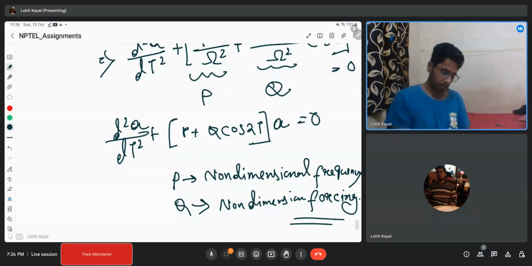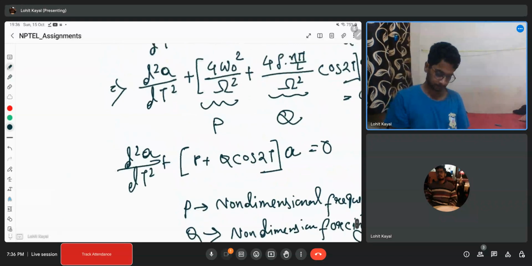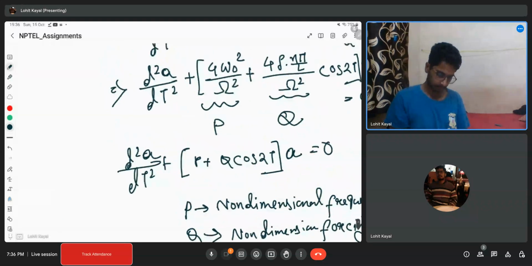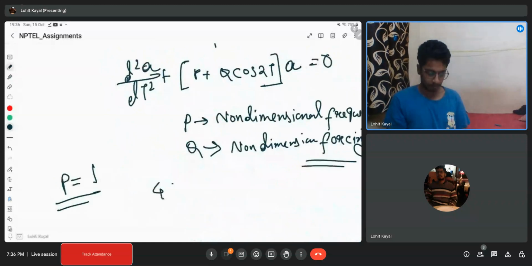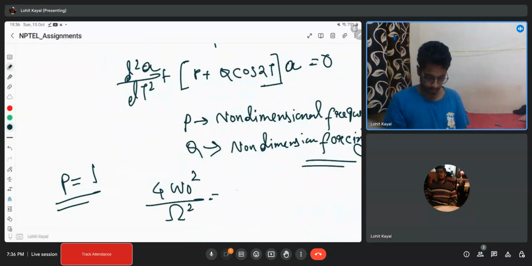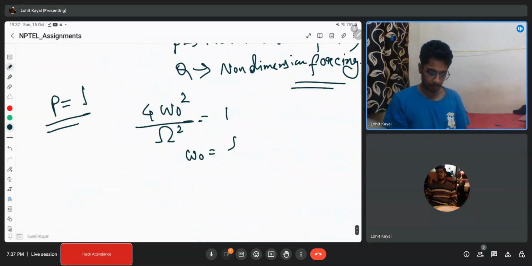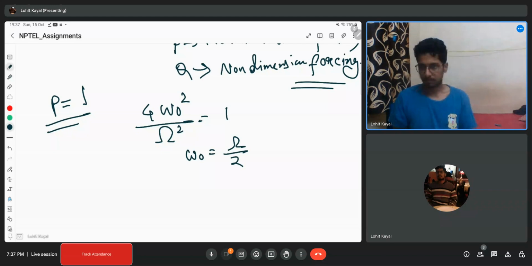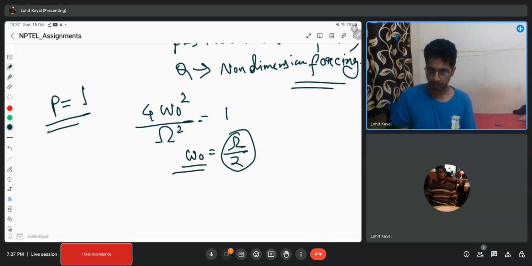Now, if your p is equal to 1, that means 4 omega 0 square by omega square is equal to 1. That means your omega 0 is equal to omega by 2. Omega 0 is the response frequency of your interface, so it is half of the forcing frequency.